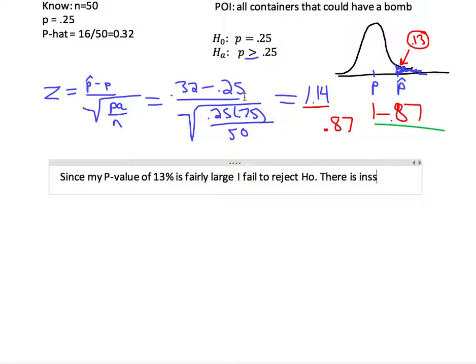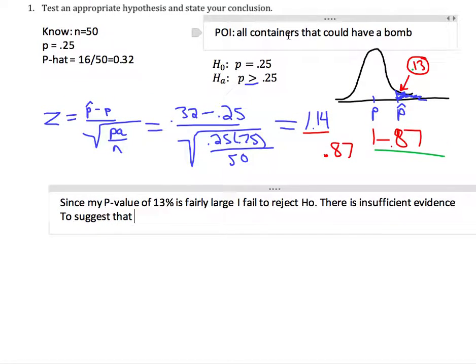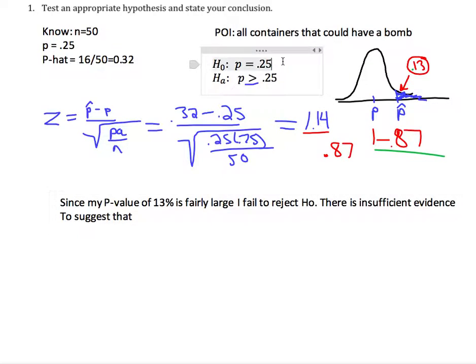There is insufficient or not enough evidence to suggest that. Now let's go back and look at our population of interest. If I had my assumptions here, that would also be some help on my population of interest. But there's insufficient evidence to suggest what? We assumed the bomb detector wasn't doing its job, basically. That's what this is. You could even write that in, and this was the bomb detector is detecting at least some bombs.